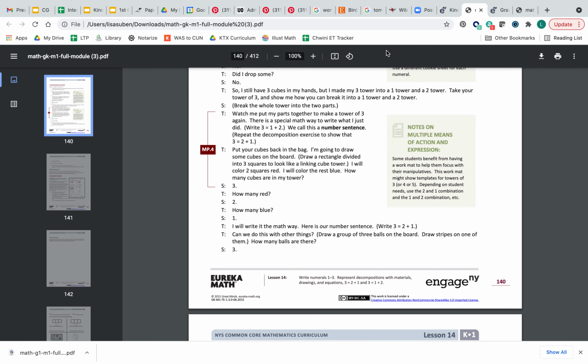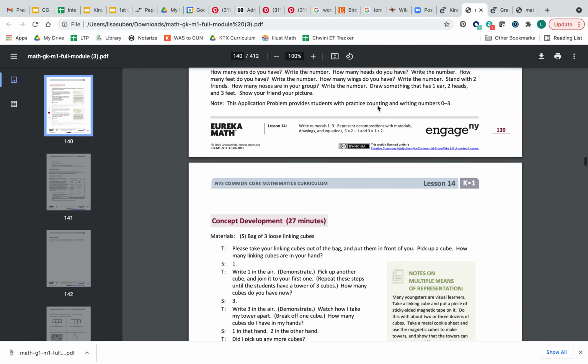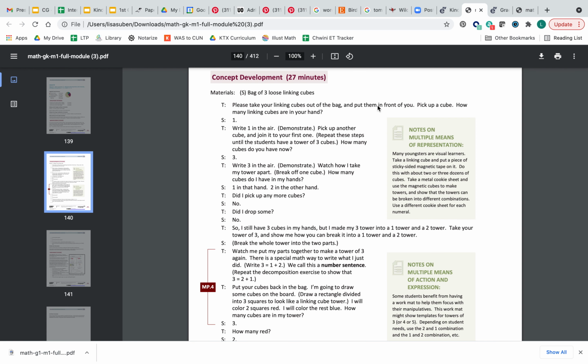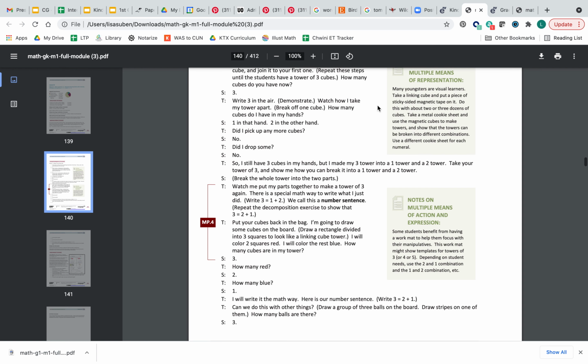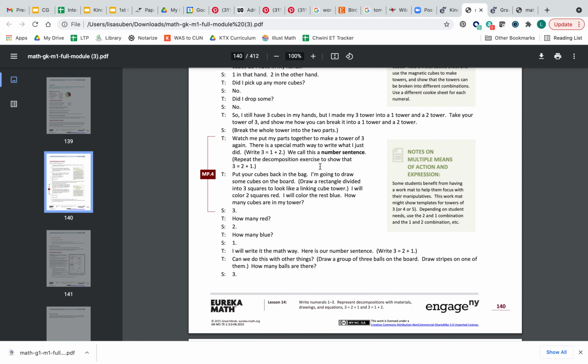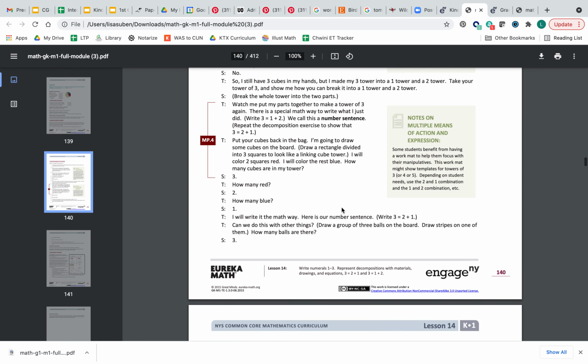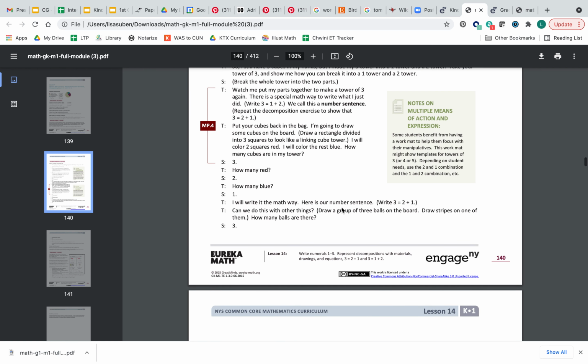And I would have teachers do this. If I'm looking back through this module, where in this discussion do I want to make sure I stop and write it a certain way? There's all this conversation happening, and here it says the teacher should write 3 equals 2 plus 1.